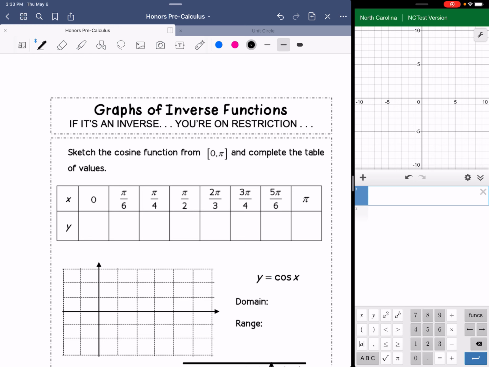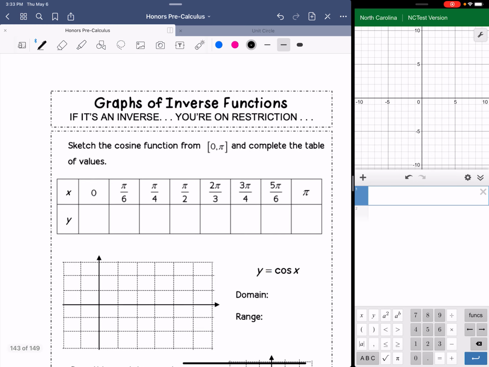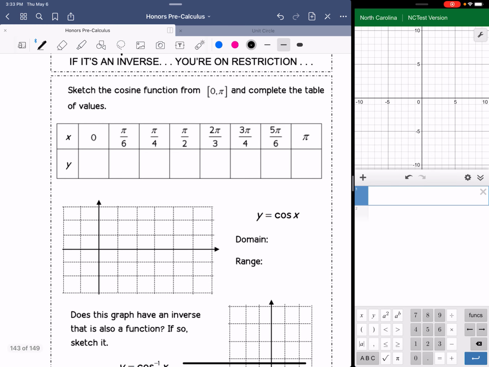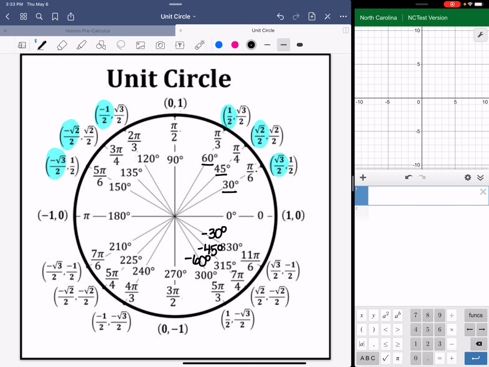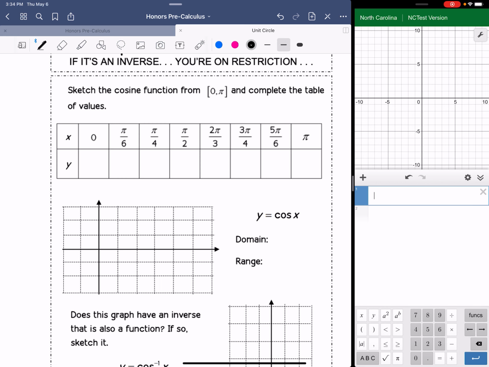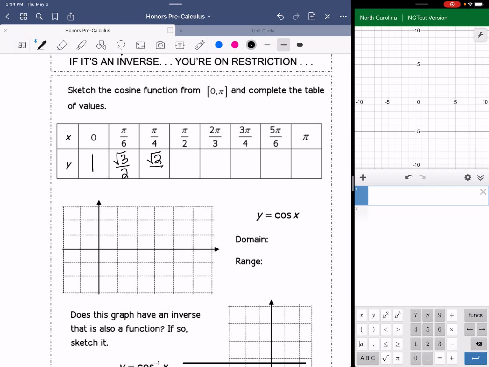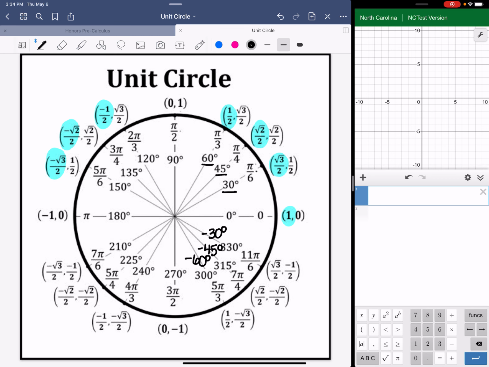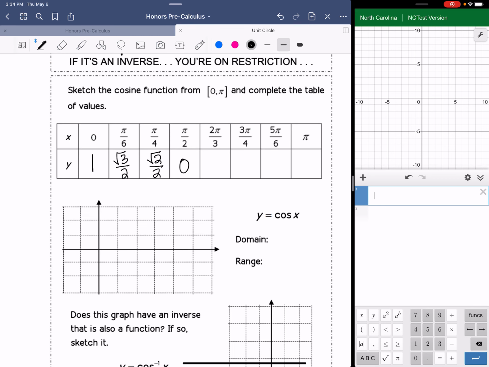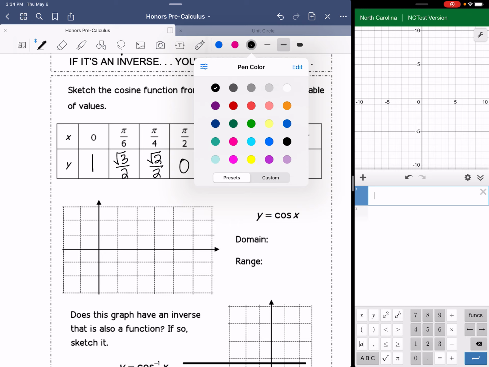So again, I would fill this out and look at my values. At 0, we have a cosine value of 1. I'm just referring back. Then at pi over 6, I have the square root of 3 over 2, the square root of 2 over 2 for pi over 4, and then at pi over 2, I have 0. I just copied those values that I identified for the x value for cosine.